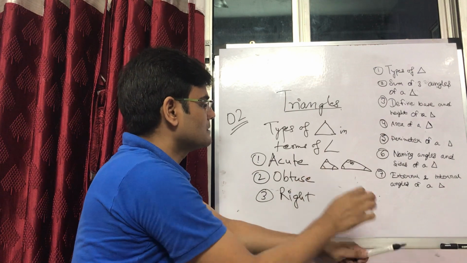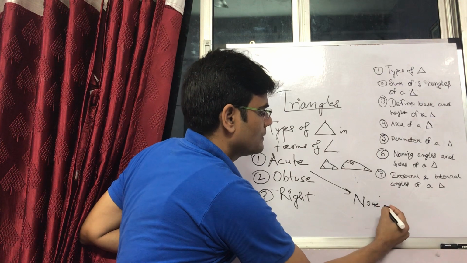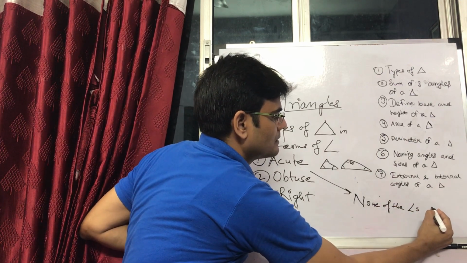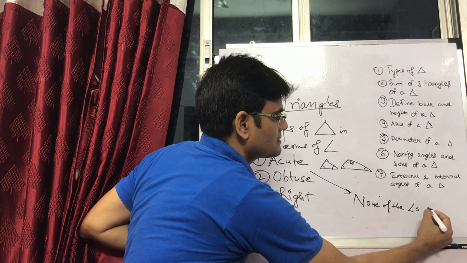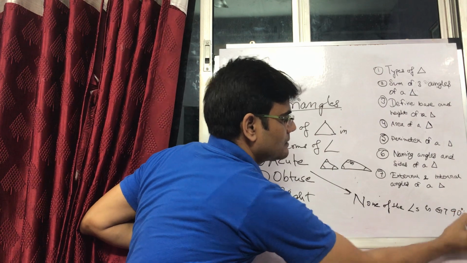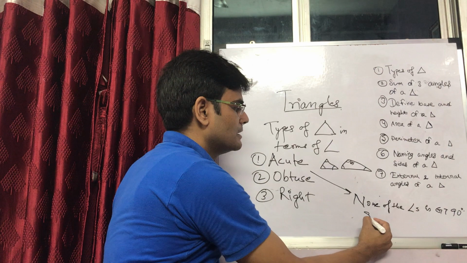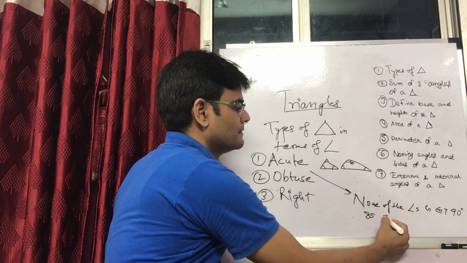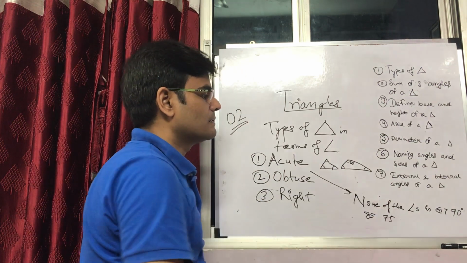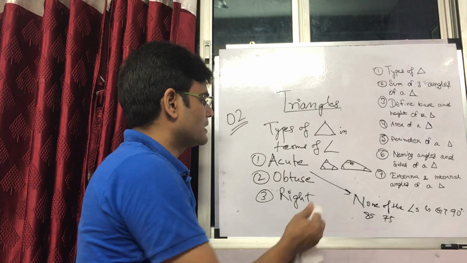None of the angles is greater than 90. All are less than 90. It can be 85, 75, whatever. None of the angles crosses 90 degrees. So that is what an acute angle triangle is.